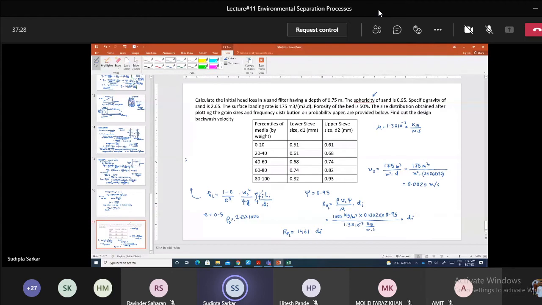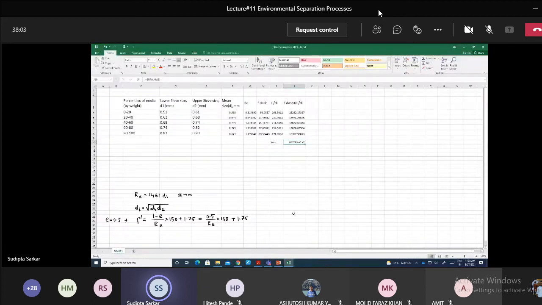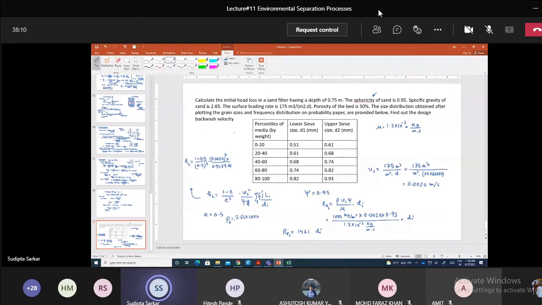So HL equals to (1 minus e) times 0.5 divided by 0.5 cube, into Vs squared, divided by psi is 0.95 divided by 9.81 times your Fi Li by Di value, which is 83,290.67.